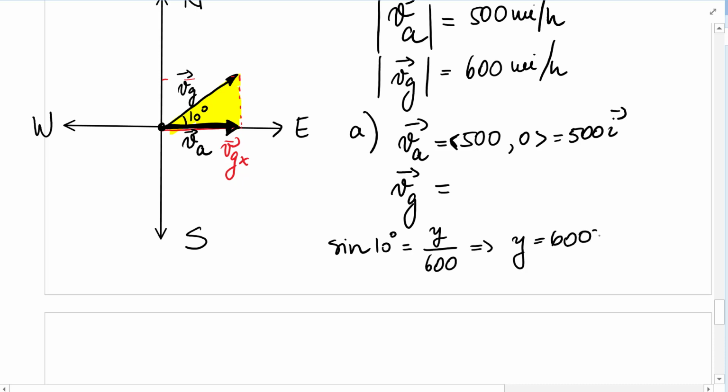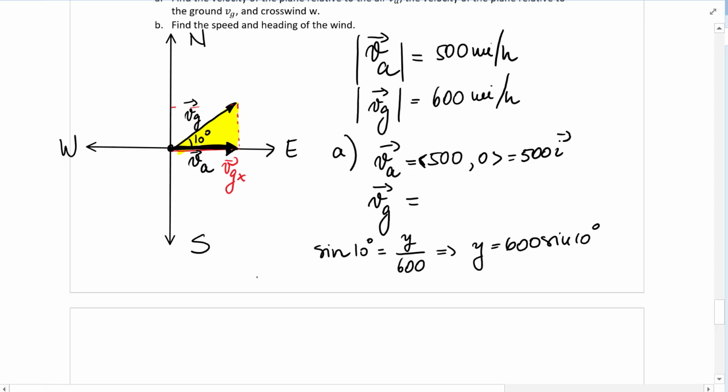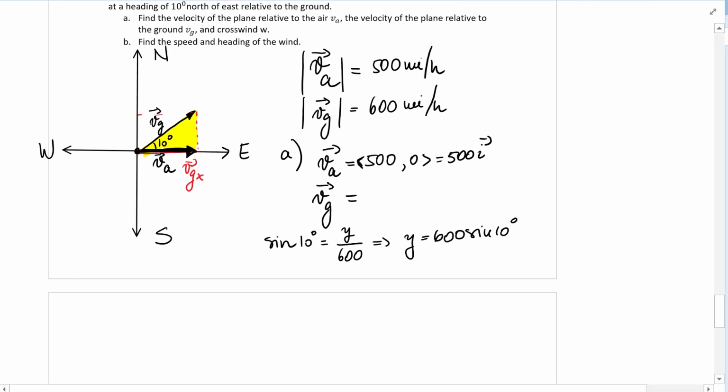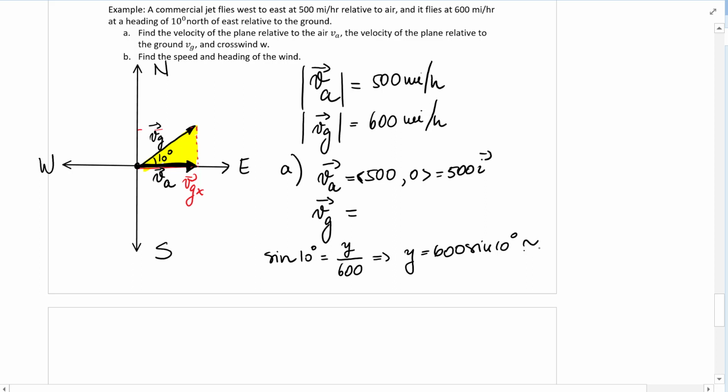So y equals 600 sine of 10 degrees, and that is approximately 104.2.